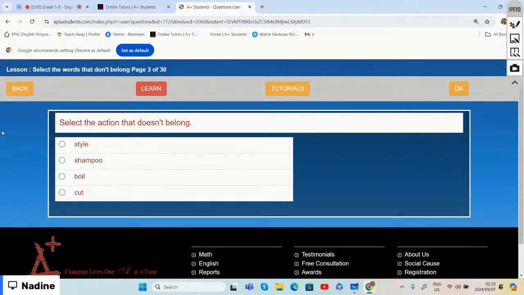We need to select the action that does not belong. We have style, shampoo, boil, and cut. Style, shampoo, boil, or cut. We need to select the word that does not belong.